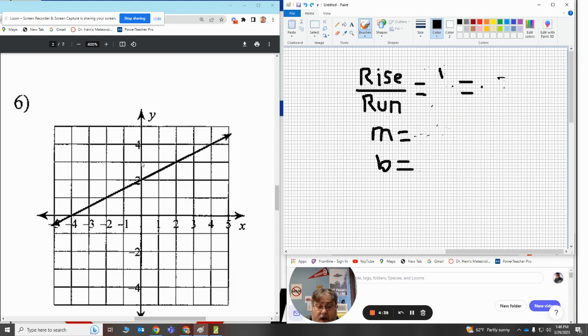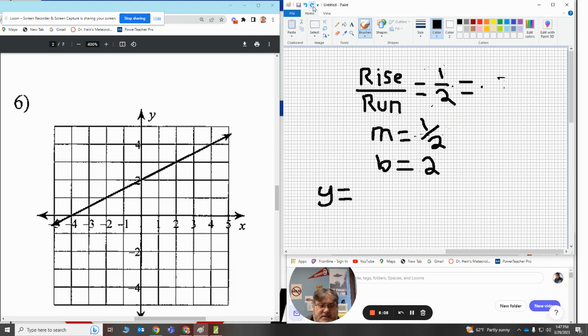It goes up +1. Then it goes to the right, +2. So therefore my rise is 1, my run is 2. And I'm going to leave that as 1 over 2, okay? So my slope, the steepness of the line, is 1 over 2, okay? My y-intercept, it hits the y-axis at 2. Okay, so therefore my slope is 1 over 2, and my y-intercept is 2.